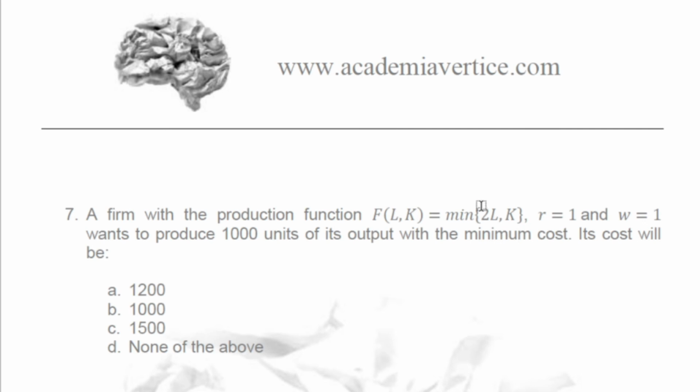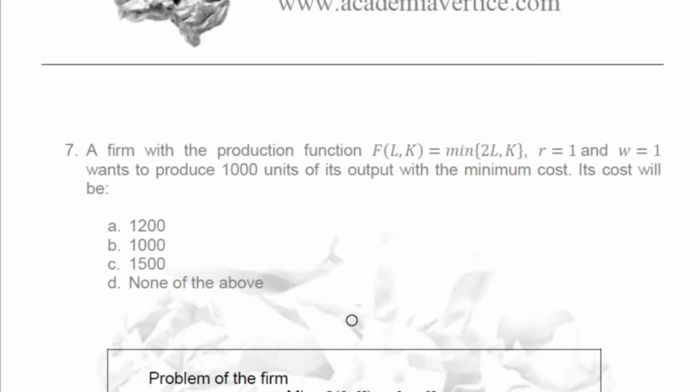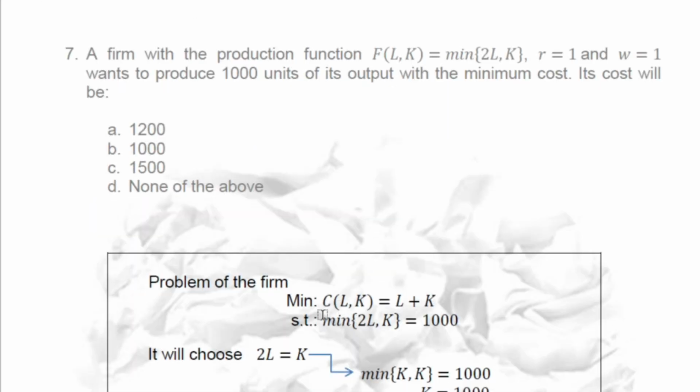It's very easy. We need to minimize the costs. The costs are R1 times K plus wage 1 times L, so L plus K, subject to the production being 1000.